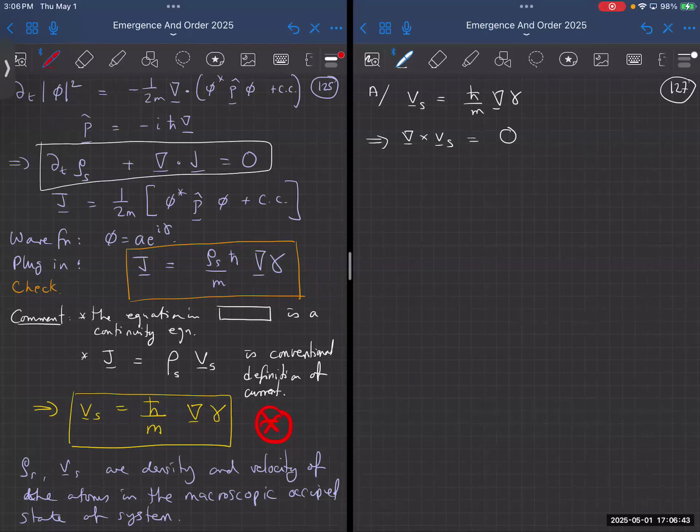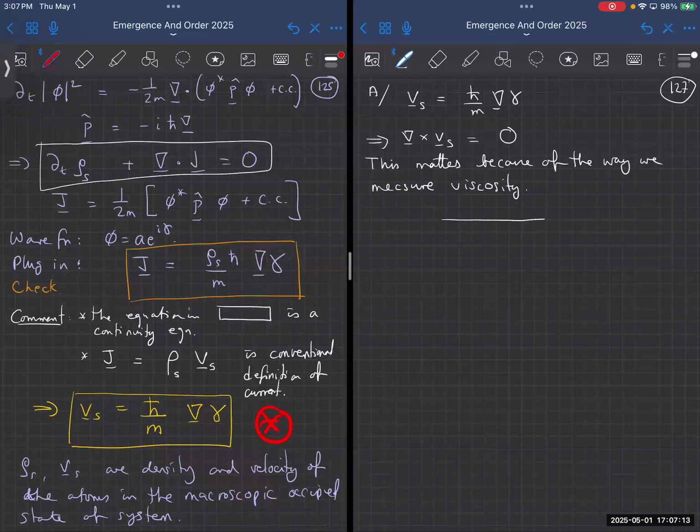Okay, so who cares? Why does this matter? This matters because of the way we measure viscosity. So let's think how we measure viscosity. You take a fluid between two plates like this, and then you shear the fluid.